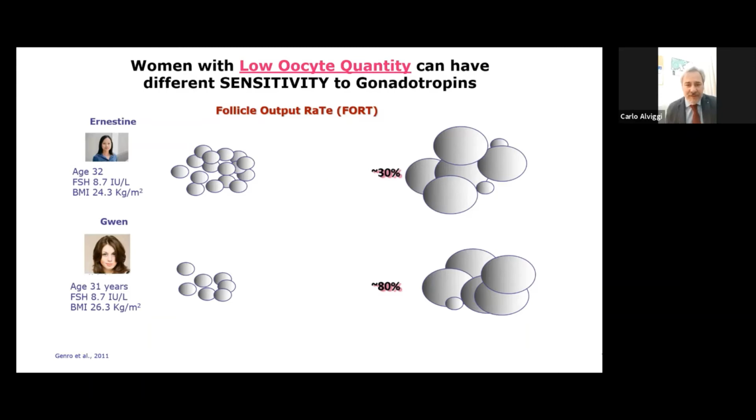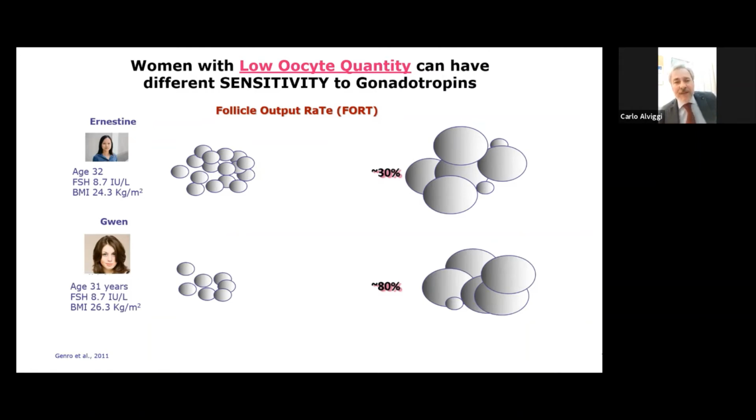But even with the same ovarian reserve, the sensitivity to ovarian stimulation can be different. This is an example of 2 patients, same age, similar in terms of BMI and basal FSH, but the ovarian reserve is totally different. So probably if we use the same starting dose, we will expect a similar ovarian response, or a given ovarian response.